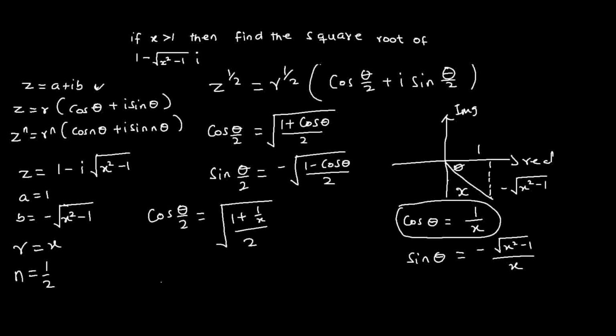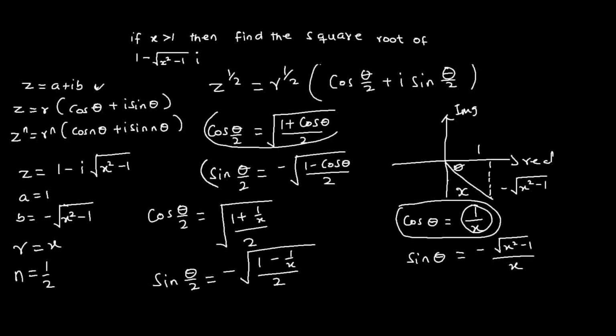And sine theta on 2 equal to minus the square root of 1 minus 1 over x, divided by 2. We've substituted this value of cosine theta into these equations, so that's how we have what I have here.